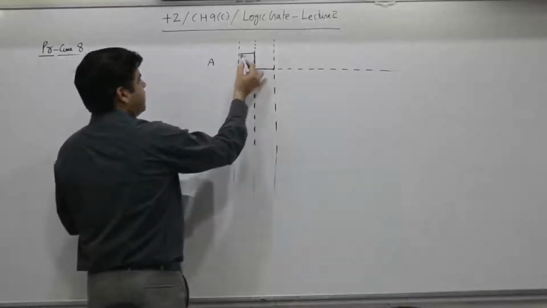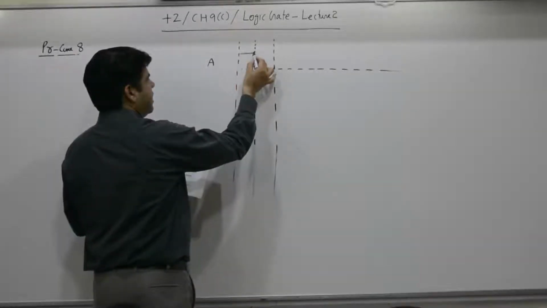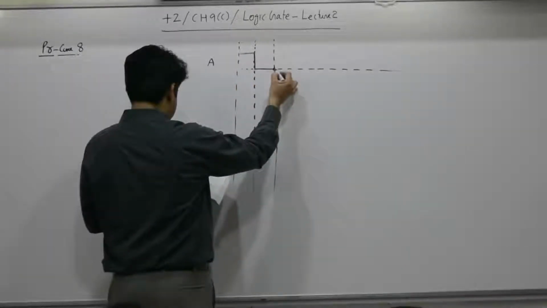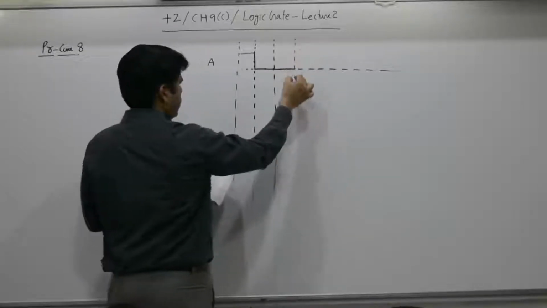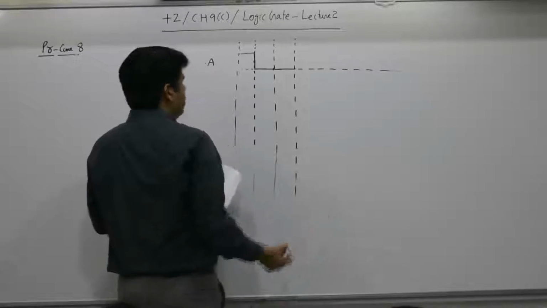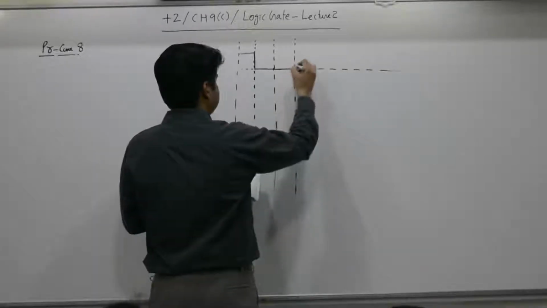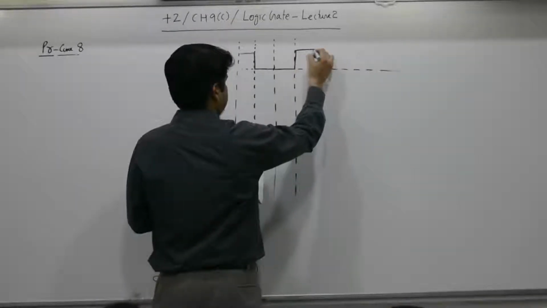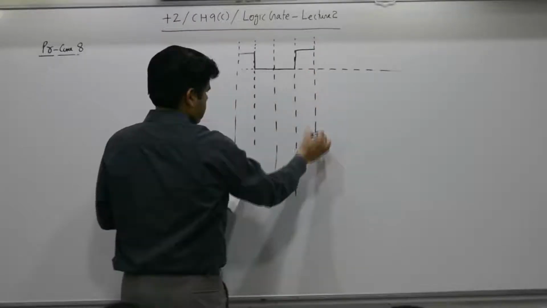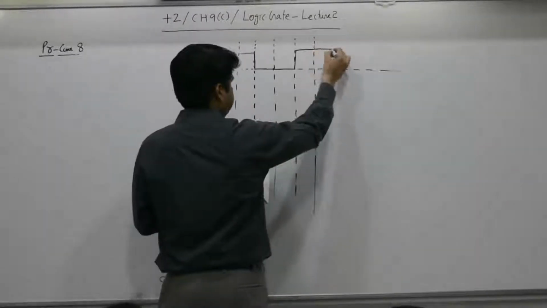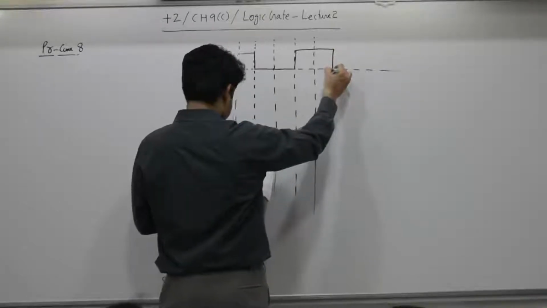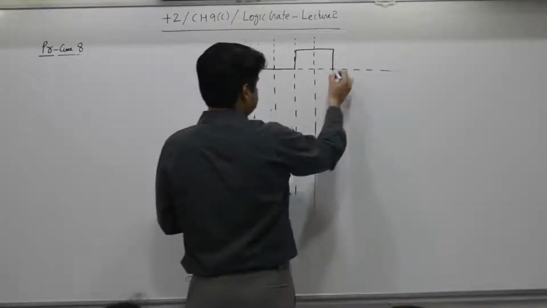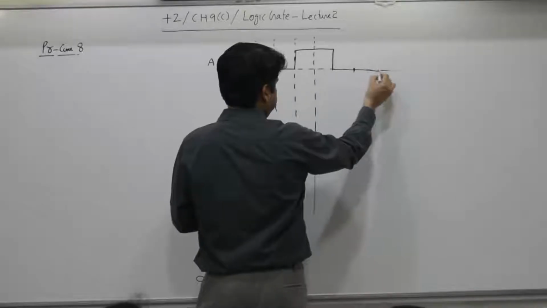Suppose first second A is high, next second low, next second again low, 0, and then it is high. Then again it is high. That means it is high for 2 seconds. Next 2 seconds it is low.